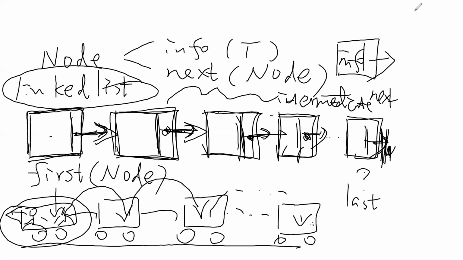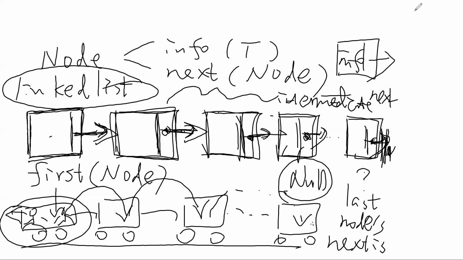If we take a closer look, the last node's next, does it have any other node? No. The last node's next is a null. It doesn't point to any other node anymore.